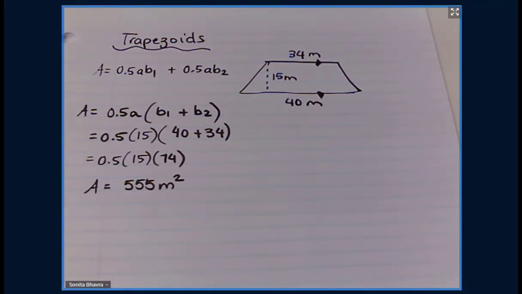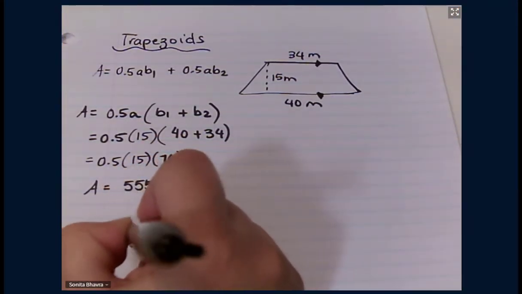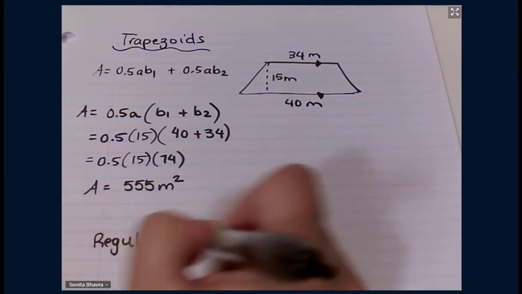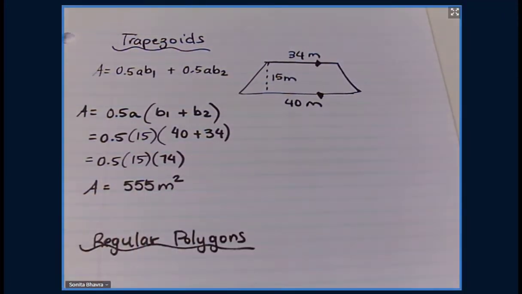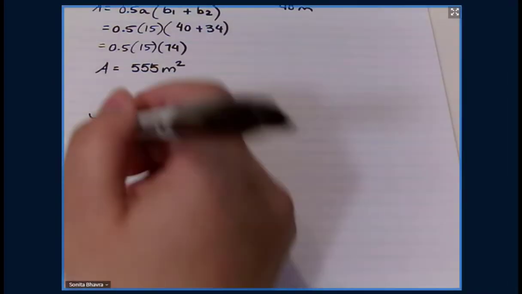Next is regular polygons. So regular polygons here, let's say we have a hexagon.